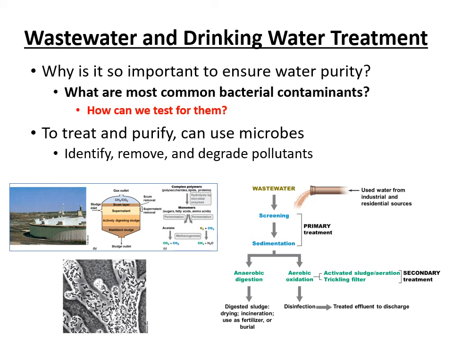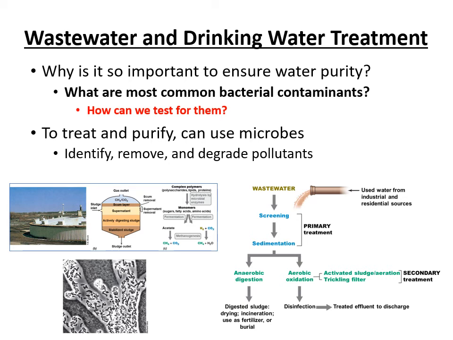You could do gram staining because we know that E. coli and coliforms are gram-negative bacilli, so they'll look like pink rod-shaped bacteria. Or what we use nowadays is coliscan plates. If you see blue colonies, blue tells you it's E. coli, and pink tells you it's other general coliforms. So there are various ways to test.